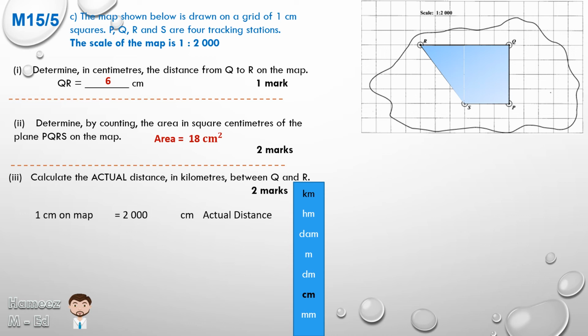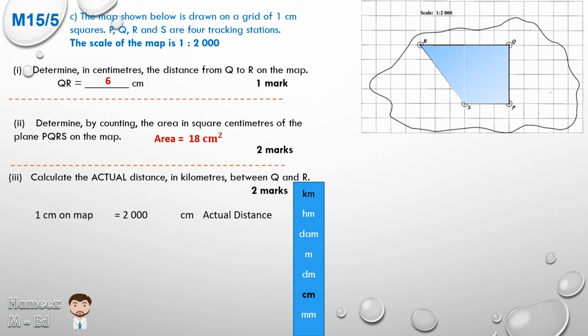So how do we go from centimeter to kilometer? We are going upwards, which means we're going to get a smaller number because kilometer is much bigger in size. And if we're going to get a smaller number, it means we're going to divide. How much do we divide by? From centimeter, let's jump. 1 jump carries us to decimeter, 2 jumps to meter, 3 jumps to decameter, 4 to hectometer, 5 to kilometer.